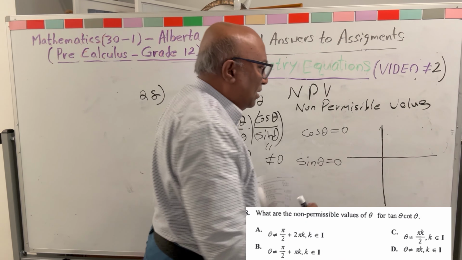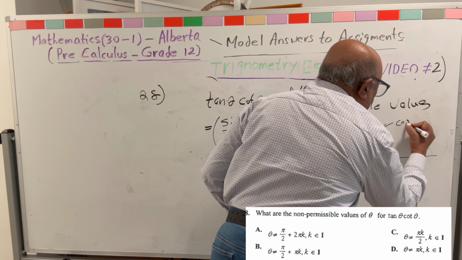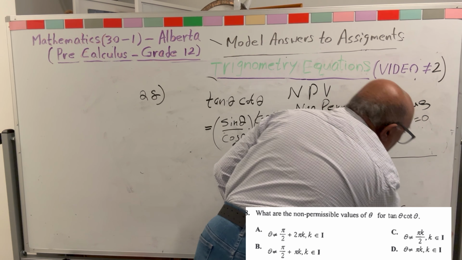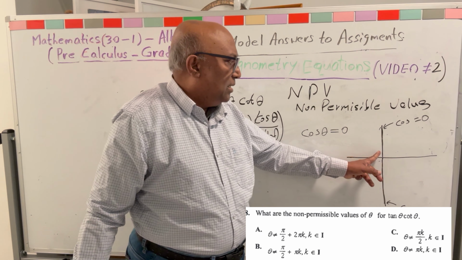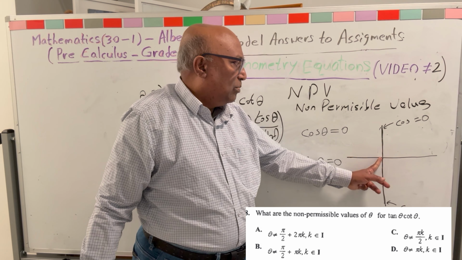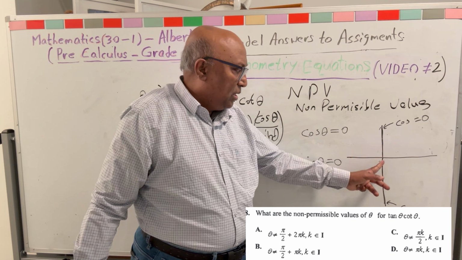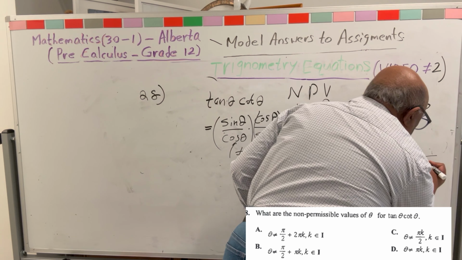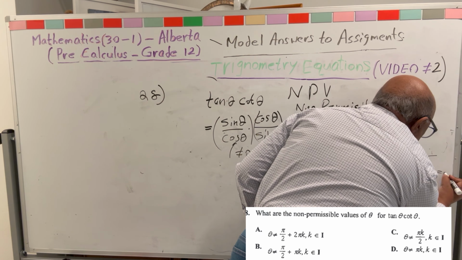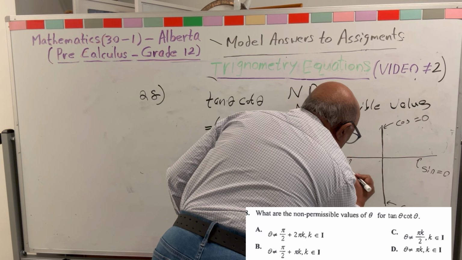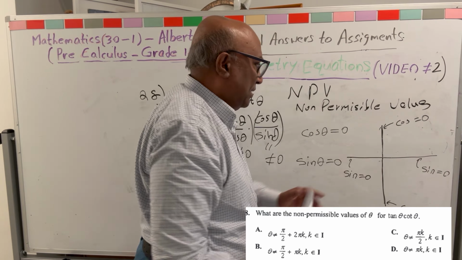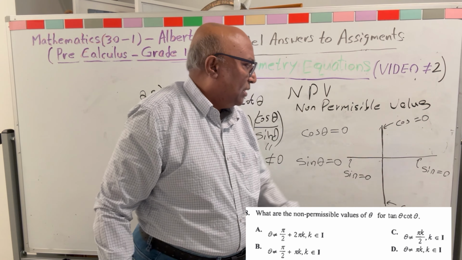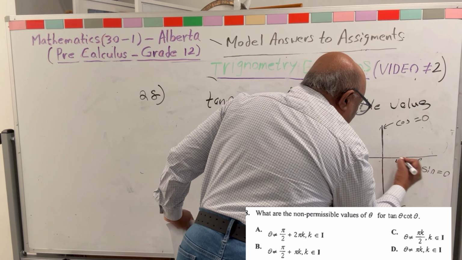In these two positions, the cosine value equals 0. That is, if the terminal arm lies along the positive y-axis or along the negative y-axis, the cosine value is 0. In the same way, sin values are 0 when the terminal arm is located on the x-axis. Let's try to avoid these positions. How do we address these two positions?